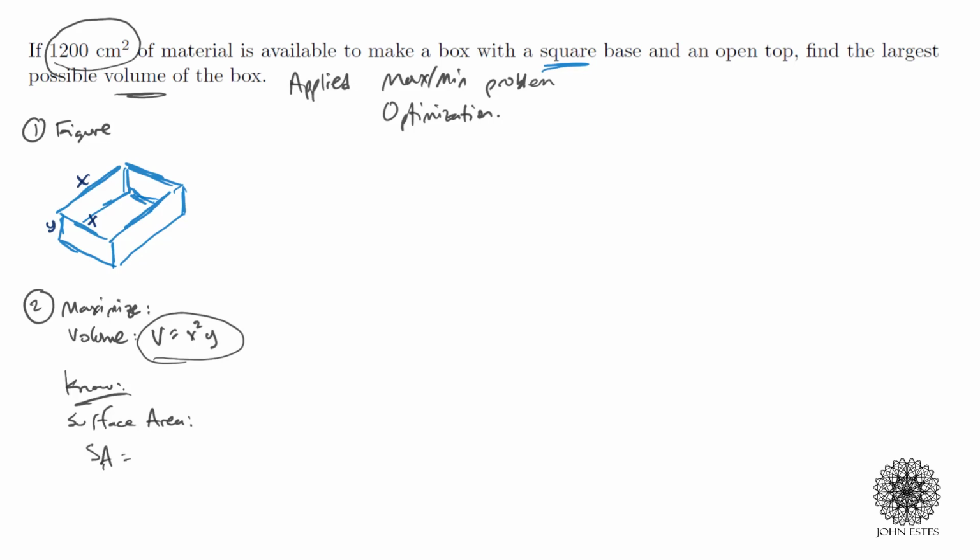How do you calculate the surface area? Well, it's the area of each one of the pieces. I have 4 sides and a bottom. The bottom is going to have an area of x squared, and each of the 4 sides is going to have an area of x times y. So I have 4xy plus x squared, and that's got to be a total of 1200.